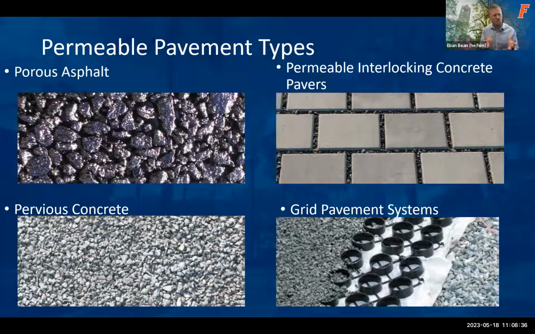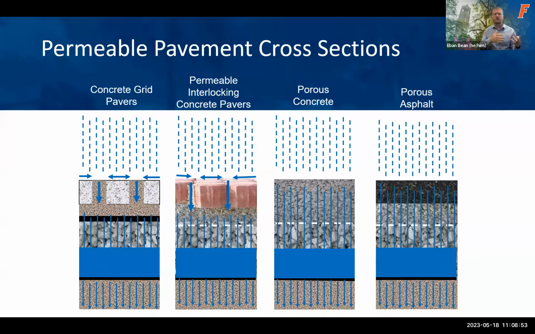There are more than what we have shown just here, but just to keep it at a narrow focus within the most common types of materials, we're going to focus in general on these. Keeping in mind that the permeable pavements, the way that they function, even though there are different types of materials on the surface, they generally function very similarly.